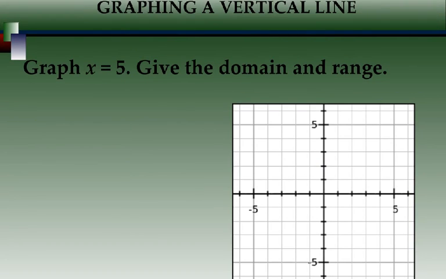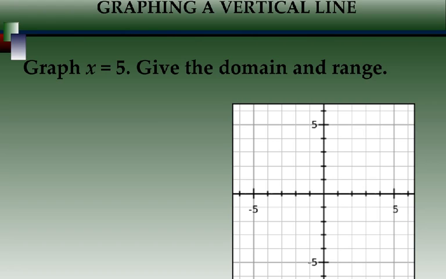Now, graphing a vertical line. Remember, this line here is not going to pass the vertical line test, because it is a vertical line, and therefore it is not a function. But still, we can always state the domain and range of things that are not functions. Okay, so this graph is at x equals 5.